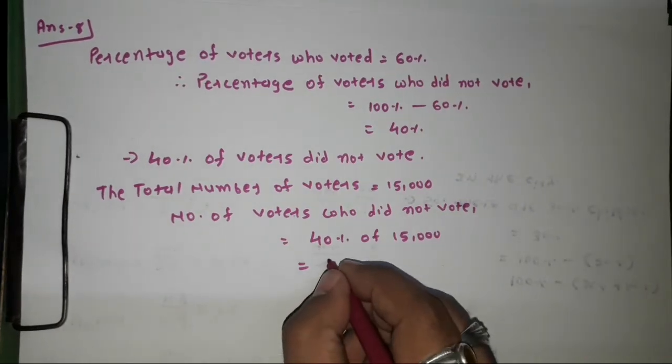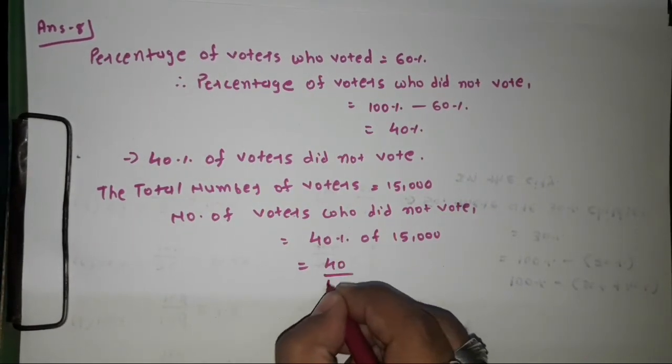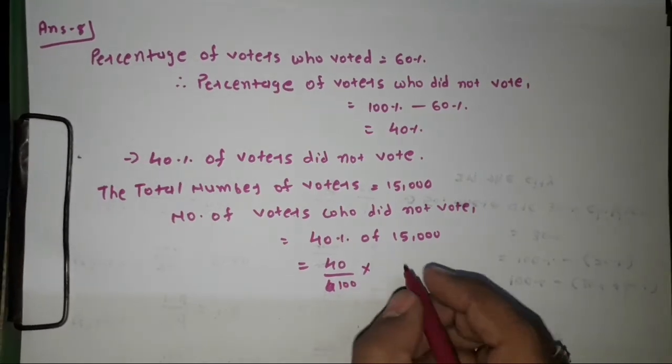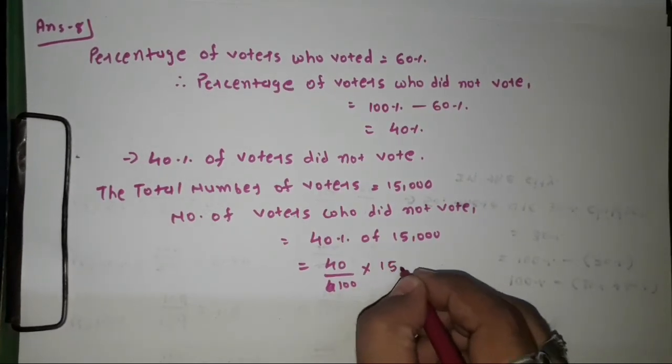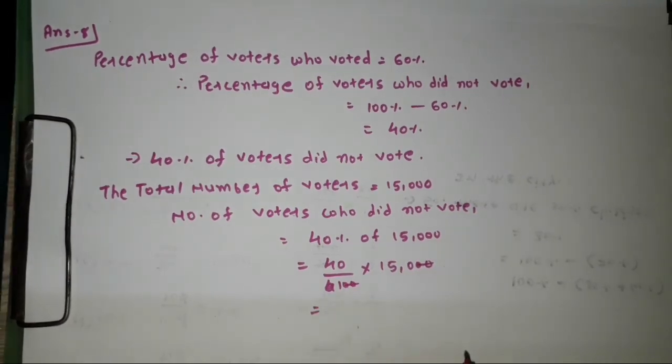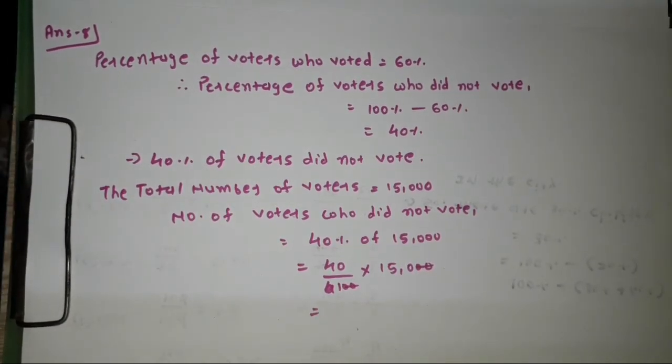So for that, I will do 40 upon 100 to remove this percentage, multiplied by 15,000. So these two zeros will be cancelled. So 150 multiplied by 4.